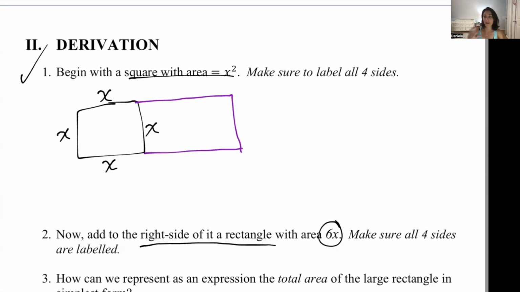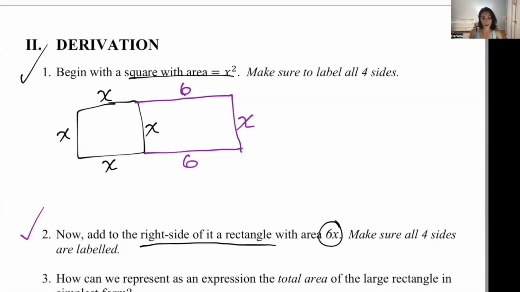It would have to be length times width, right? So 6 times x is 6x. But again, opposite sides are congruent. So if this is x, then this has to be x, right? And in order for it to be an area of 6x, that would have to mean that this length here is 6, okay? So we just labeled all 4 sides.